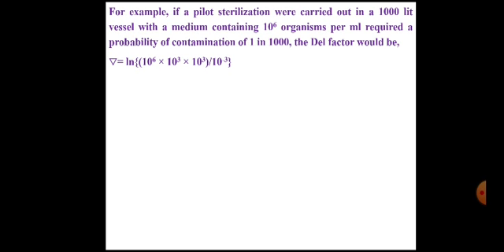NT is 10 raised to minus 3. So it will be 10 raised to 12 divided by 10 raised to minus 3. So further solving this, 10 raised to 15. So 2.303 into 15 into 1 will give you the total Del factor, 34.5. So this is the total overall Del factor which is required to kill 10 raised to 12 cells present in 1000 liter medium.